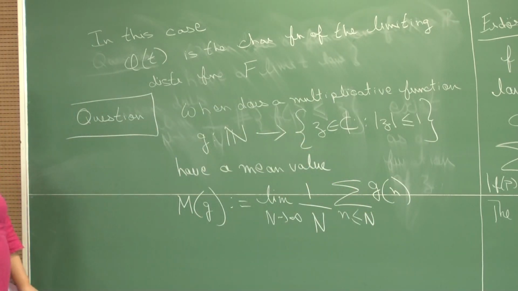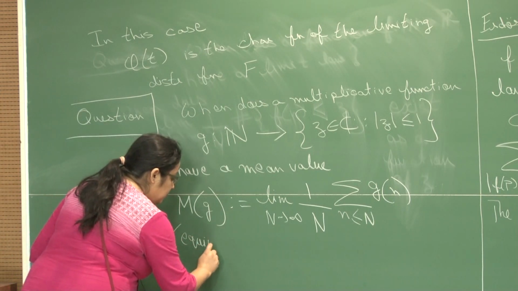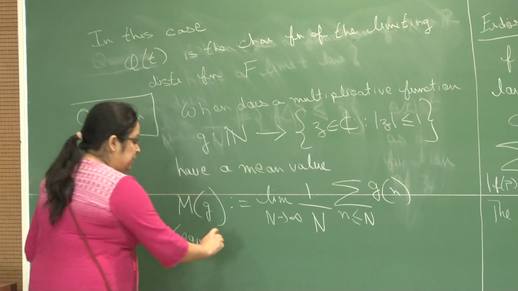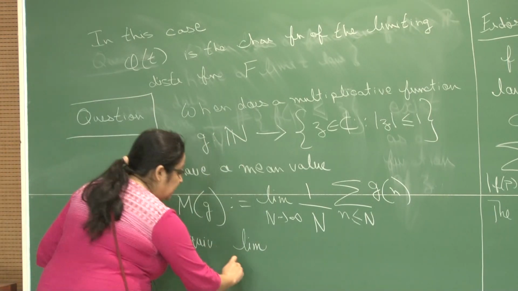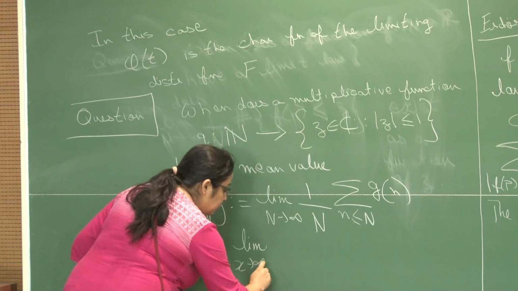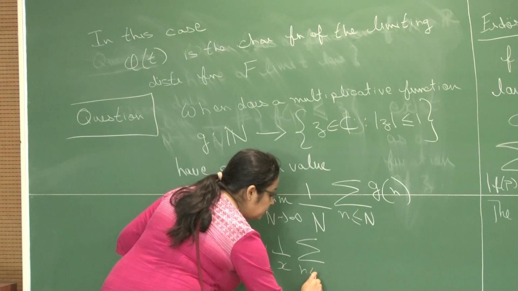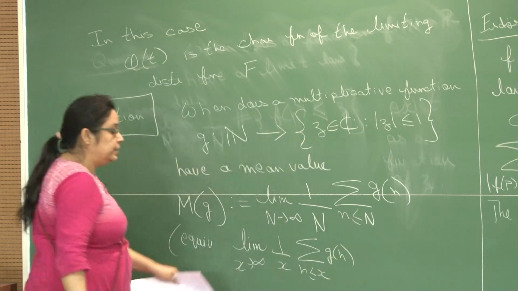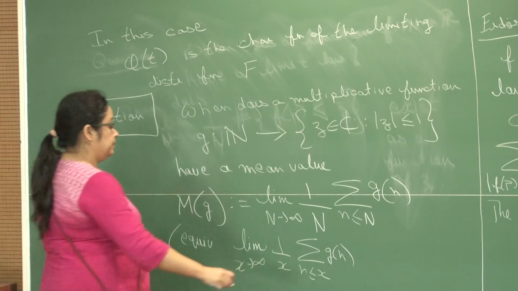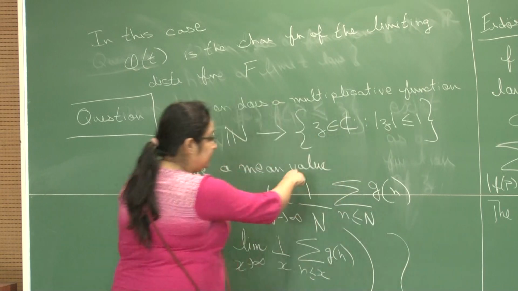When does this limit exist, or equivalently, you can consider in general the limit as x goes to infinity of this sum. Okay. So, our question is, when does this exist?